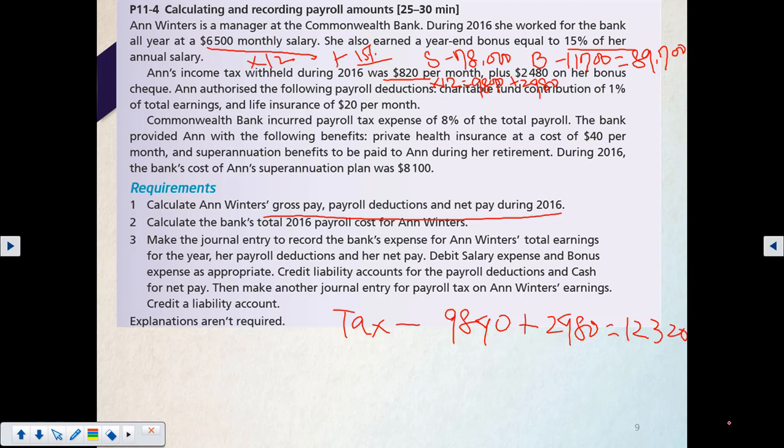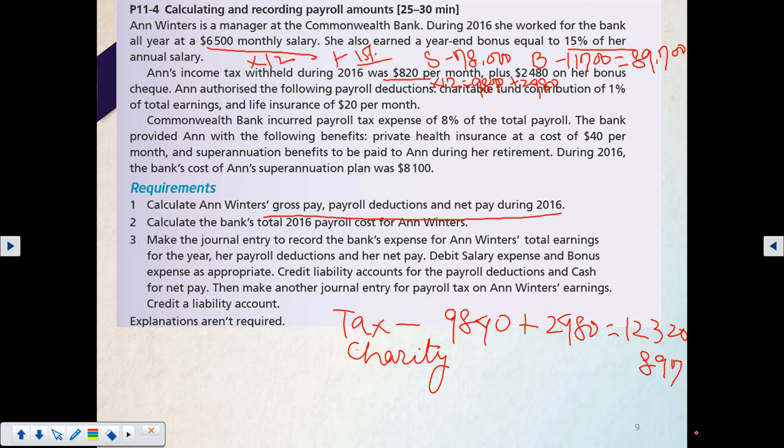12,320. Is that correct? And then the charitable foundation fund contribution is 1% of total earnings. So 1% of total earnings is 89,700 times 1%, which is 897. Very good.